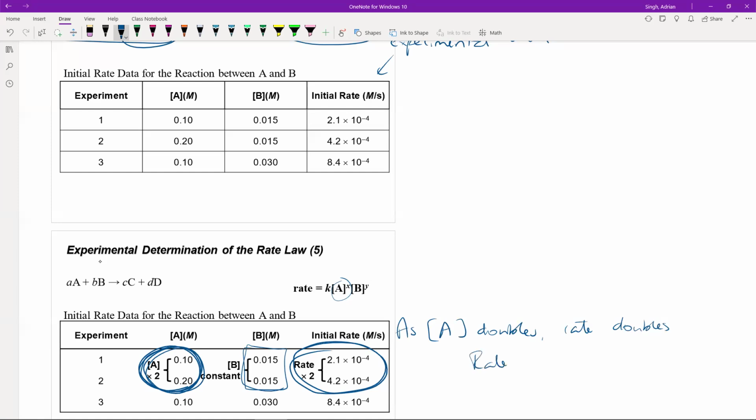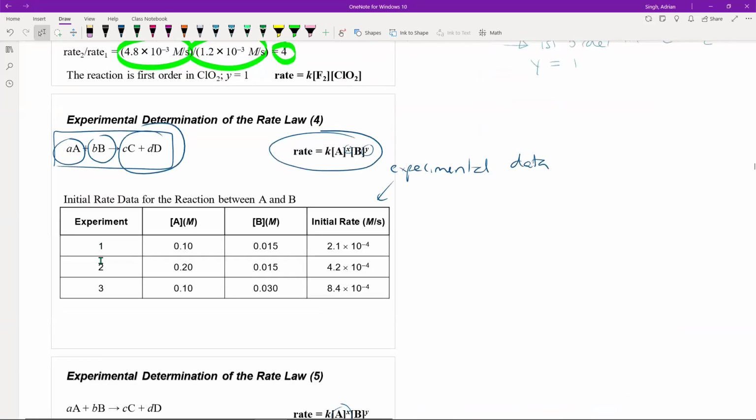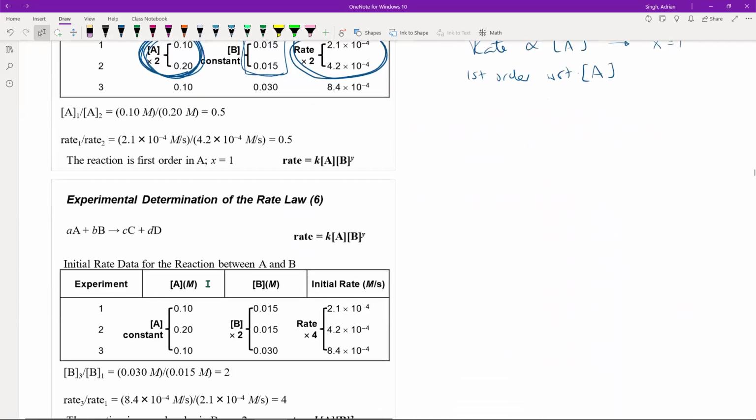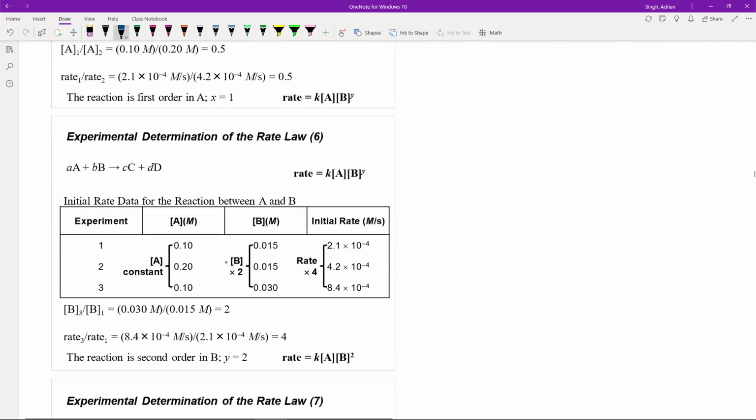We can say that the rate is directly proportional to A raised to the power of 1, or directly proportional to the concentration of A. So that means then that the value for x in our expression here is going to be 1. It is first order with respect to A.